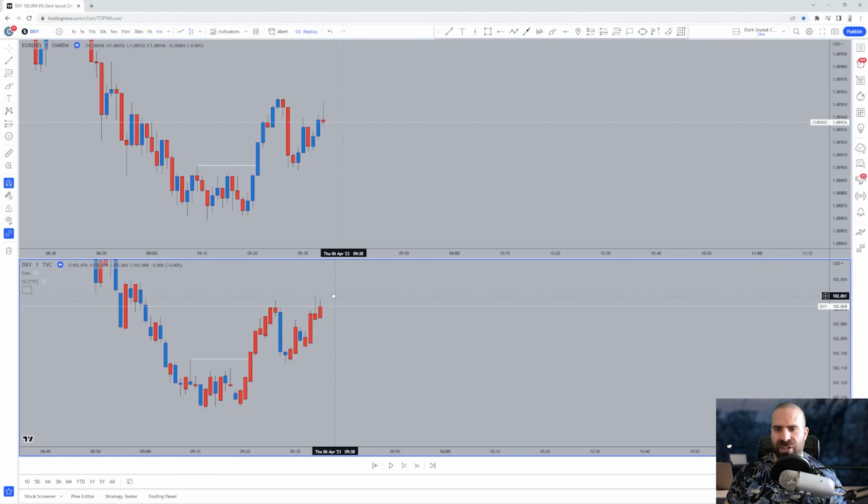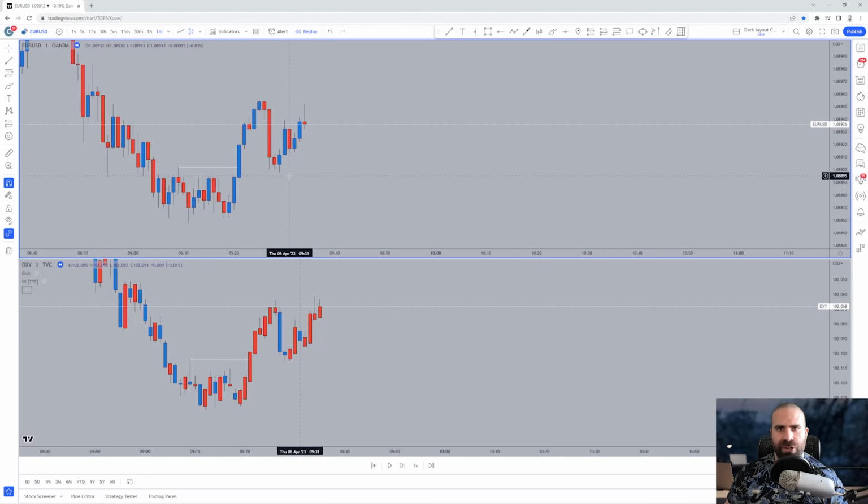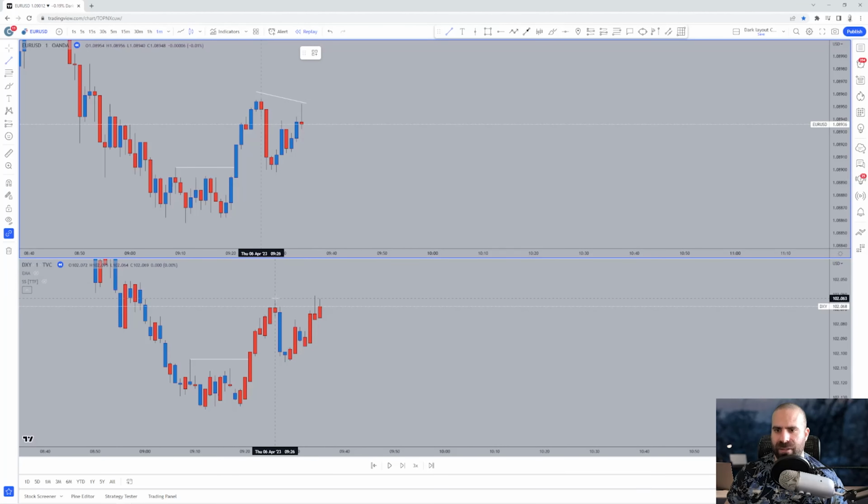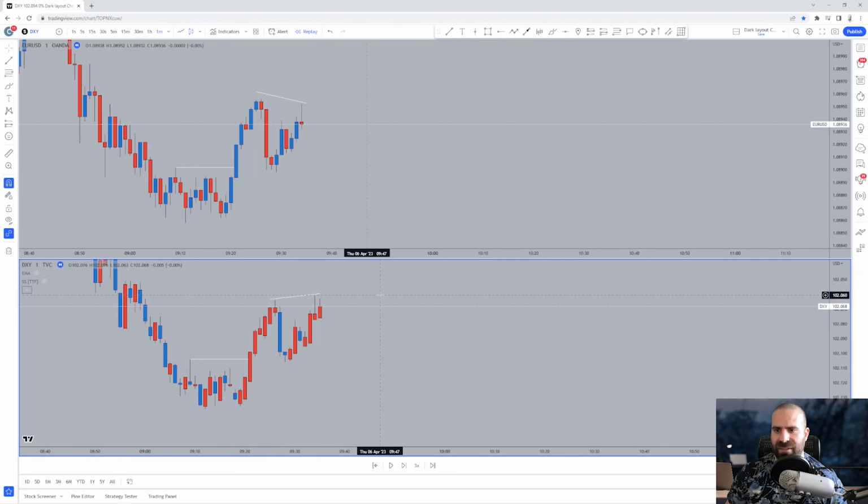Look for the divergence. Do you see the divergence? I will give you 3 full seconds. 1, 2, 3. Yes, you do. Here is your precious divergence. From this high to this potential high, but from this high to this high right here, potential high again, it is not confirmed.